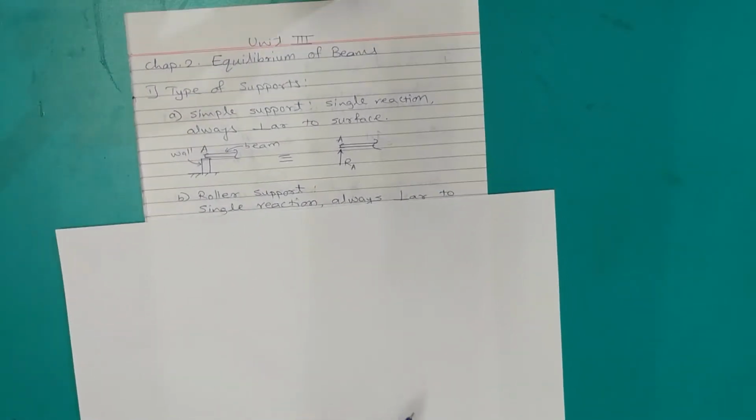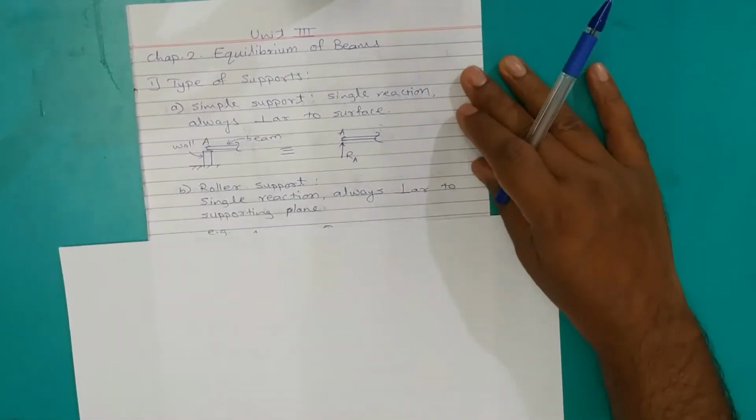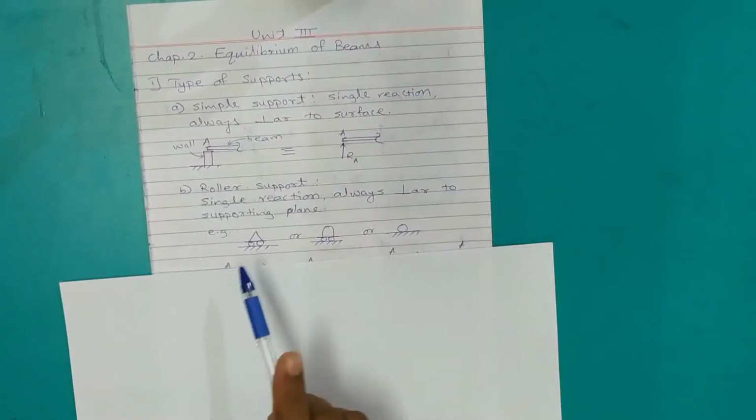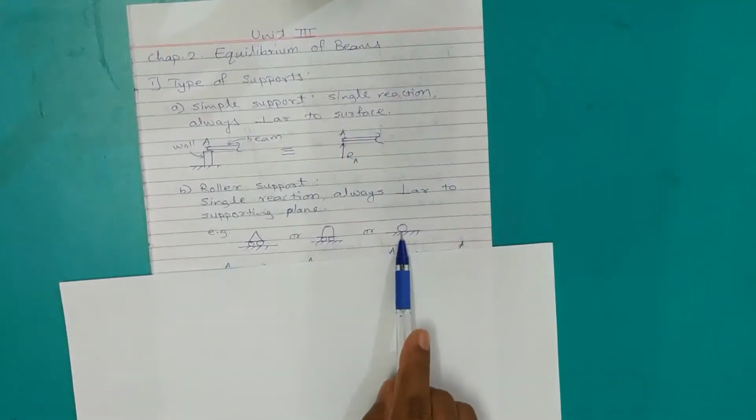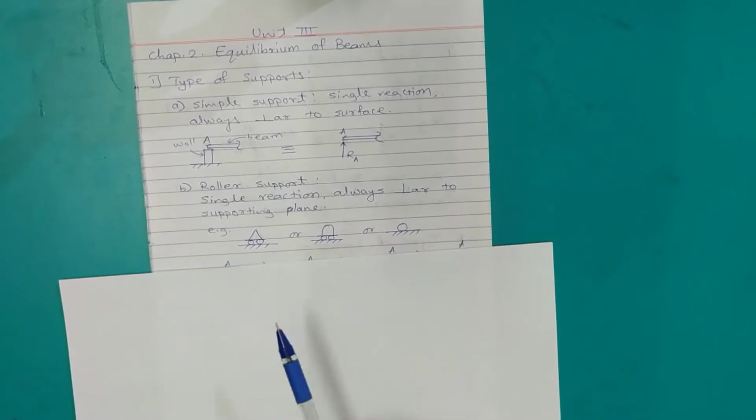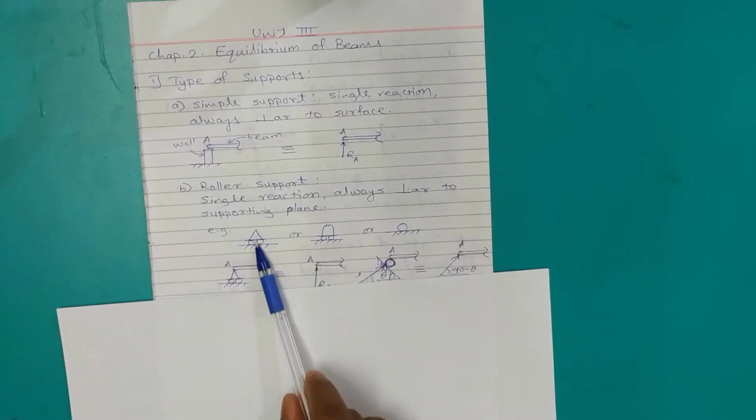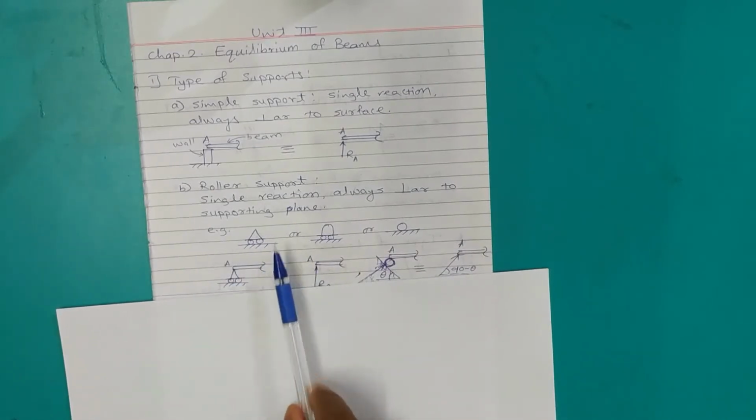In case of the second type of support, which is roller, these are the symbols to show a roller support. Also, we will have a single reaction always perpendicular to the supporting plane. So the surface on which the roller is kept, to that surface the reaction is always going to remain perpendicular.